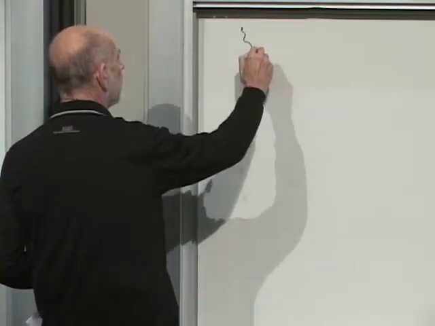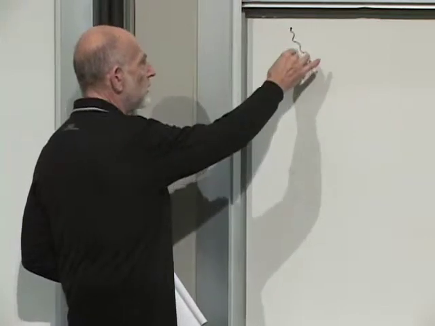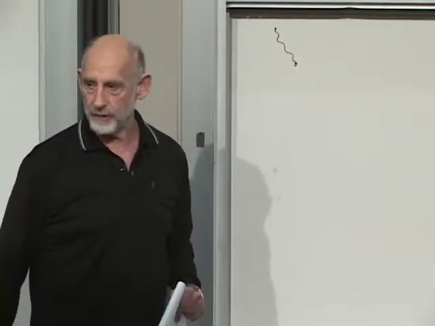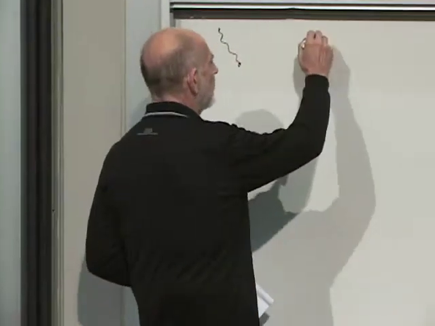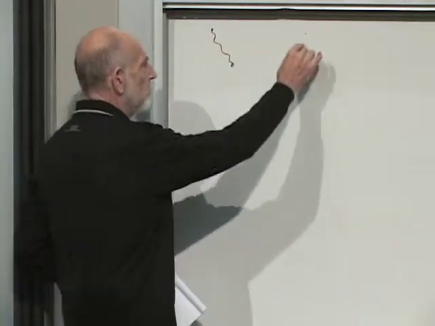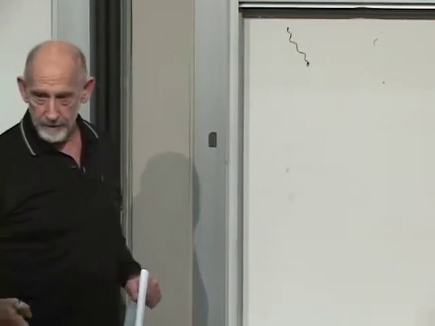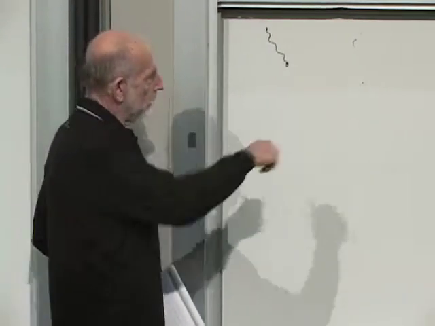All right, here's a string. Now, remember, the string has a coordinate along it, which we called sigma. Let's draw the sigma axis over here, from 0 to pi. And here's the string, but the string propagates in time. Let's draw time horizontally.